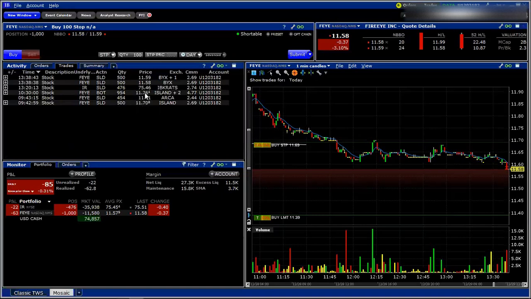And then I bought to close at 11.76, and that's why there was a loss. Here is the Ingersoll Rand entry. I sold 476 shares, and I got triggered at 75.46. And you can see here, the first FireEye order that triggered was 500 shares. I got filled at 11.58, whereas the stop limit order I got filled at 11.59. So a little bit better fill there.